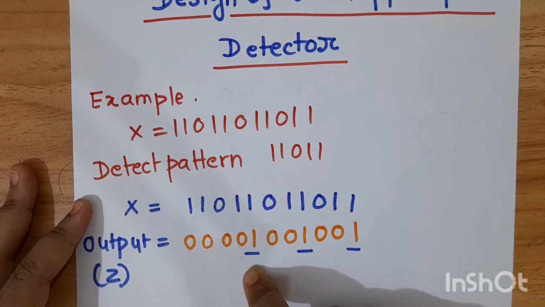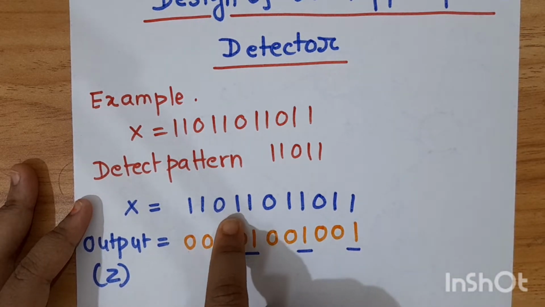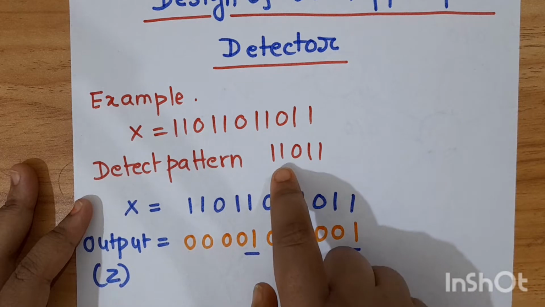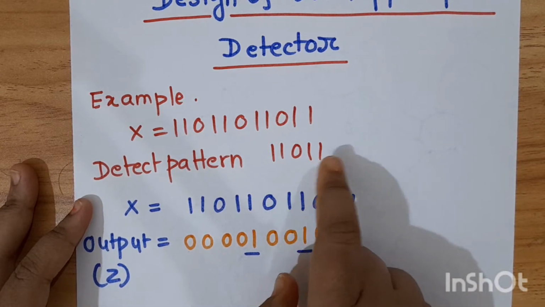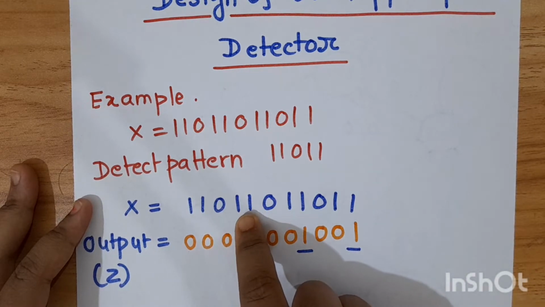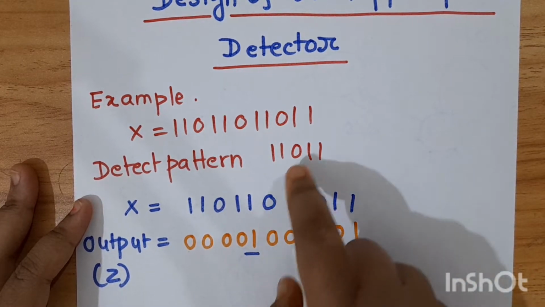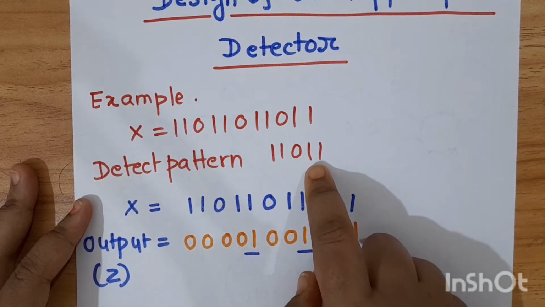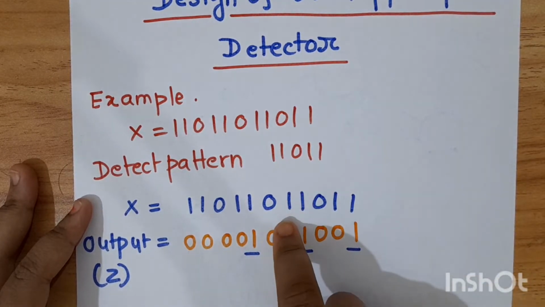Then, as it is an overlap one, if you see these two ones, they become the beginning of the next detect pattern in the sequence. If I combine these two 1 1, they become the initial 2 bits of the detect pattern 1 1 0 1 1. So 1 1, then I get 0. Oh, 0 matched with this 0. So 1 1 0. Then I expect 1 to come in the input stream.